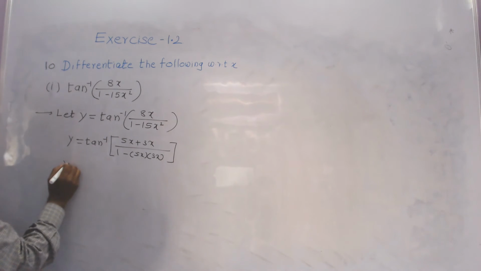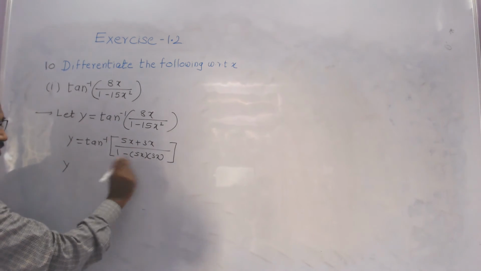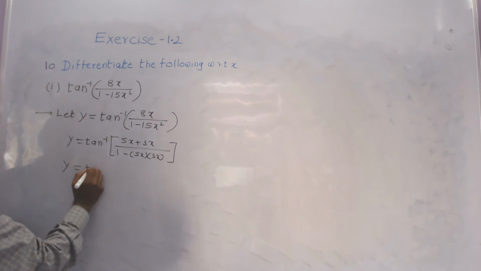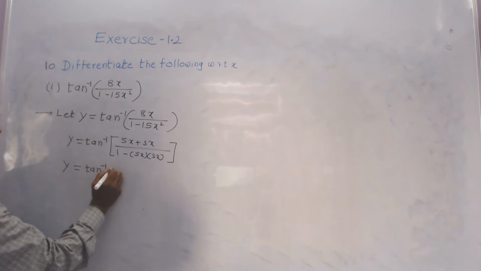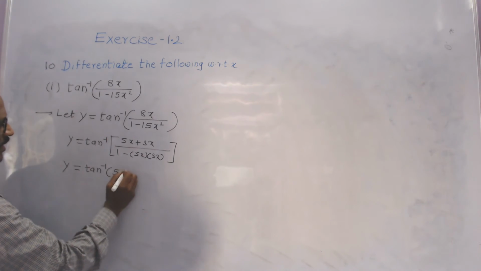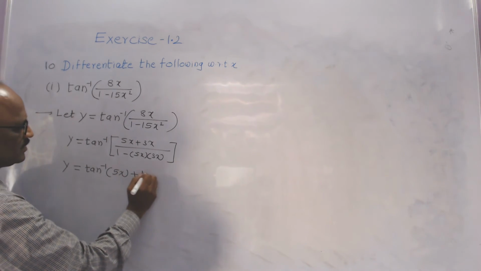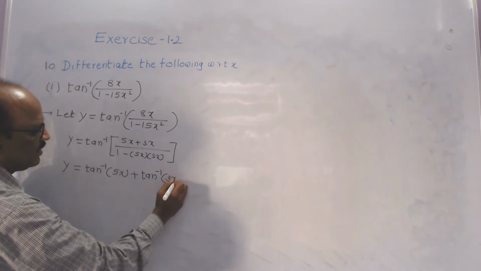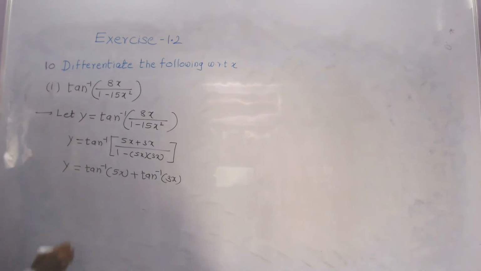And now what is the formula? Tan inverse of x plus y upon 1 minus x into y. Therefore here tan inverse of 5x plus tan inverse of 3x. Now differentiate this with respect to x.